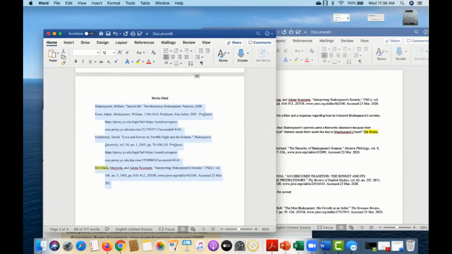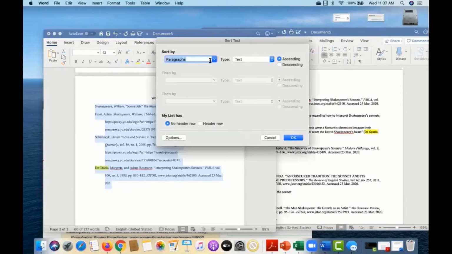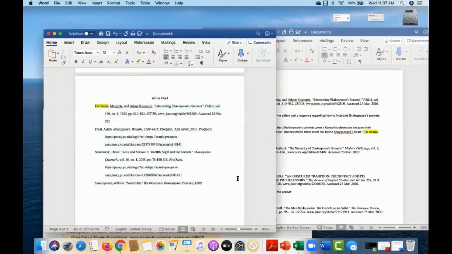So let's see if I can find it. So right here on my screen, there's an A to Z and an arrow. If you guys can find that, you can just organize your paragraphs in ascending order. I click OK, and that's it. It reorganizes them all in alphabetical order for me. So I've correctly formatted my works cited page, and I didn't really have to do anything.